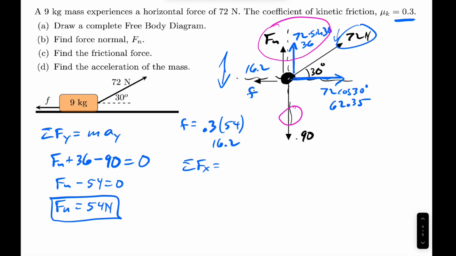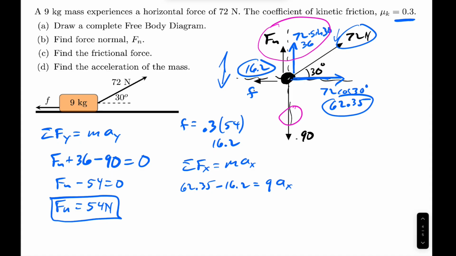So now I'm going to do the summation of all the forces in the x direction, and that's going to be the mass times the acceleration in the x direction. Now in the x direction, I have a force of 62.35. That's this one. And then I've got friction opposing it. That's this one. So it's going to be minus 16.2. And that's going to be equal to 9 times Ax. And I'm looking for Ax.